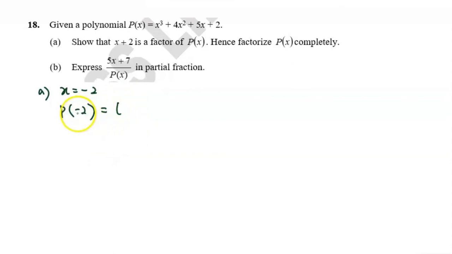So for this part, we are going to write P of negative 2. Here we will substitute negative 2. In order to show it is 0, we must calculate step by step.